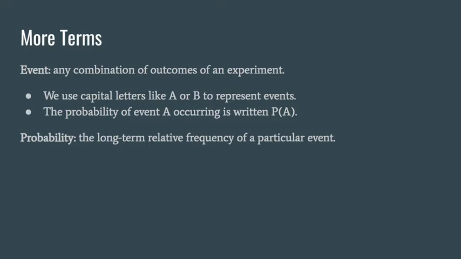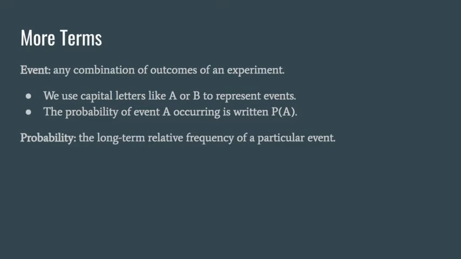Well, when we say the long-term relative frequency of a particular event, we mean if we do it a whole bunch of times, then we should see it approach a particular value. If you only flip a coin 10 times, you might get some kind of unusual results, but if you flip that same coin 10,000 times, that would probably zero in on being a lot closer to 5,000 out of the 10,000.